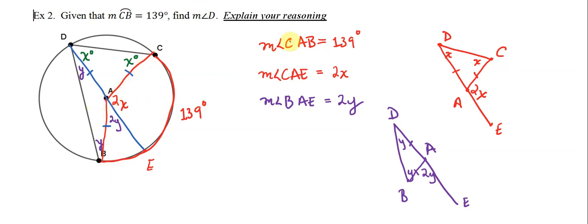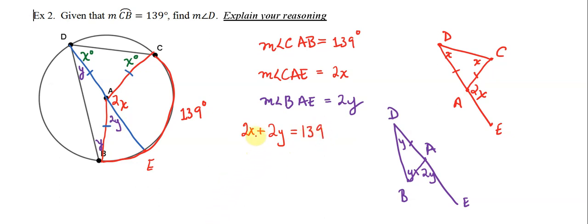You see that? CAB is really a combination of CAE, that's this one that says 2x, and BAE, that's this one that says 2y. So we can say that 2x plus 2y is equal to 139 degrees. Okay?